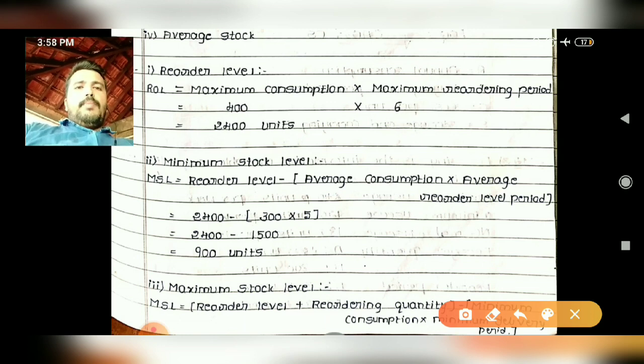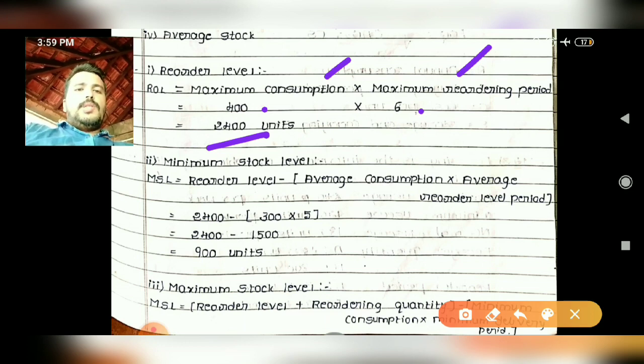The formula to be applied is maximum consumption into maximum reorder period. Maximum consumption is given in the question, and the reordering period is 4 to 6, where 4 is minimum and 6 is maximum. So you take 400 into 6, 2400 units. This way reorder level can be calculated.